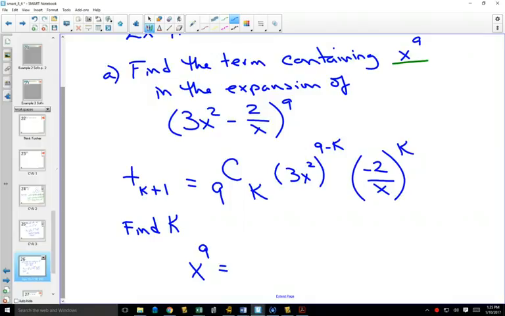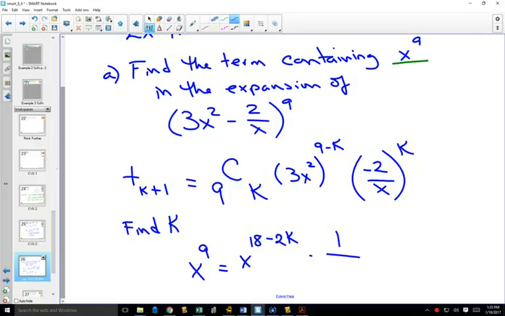X squared to the 9 minus k, can you see that that's going to be x to the 18 minus 2k when you apply your power rule for exponents? Okay? And over here, if we ignore the numbers, I'm just going to put a 1 on top.